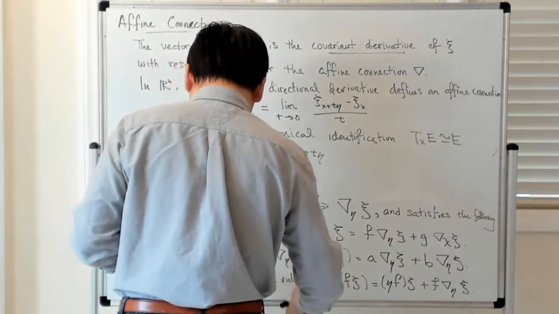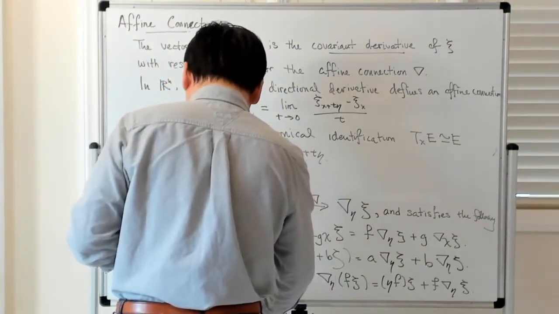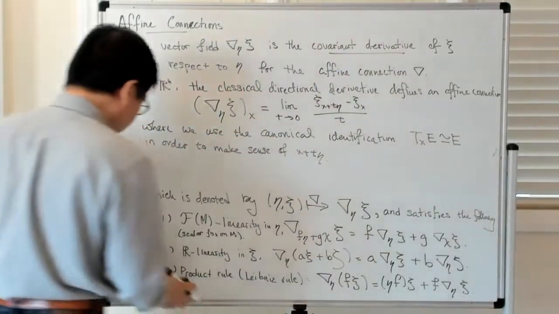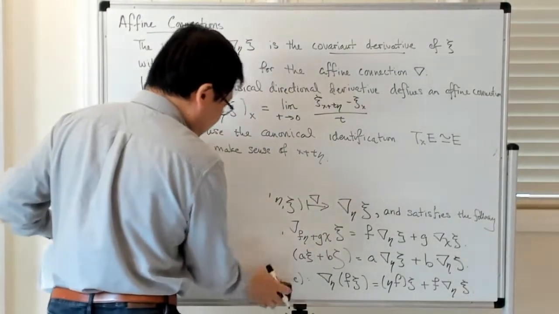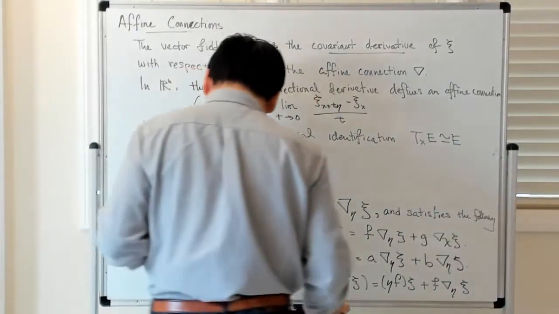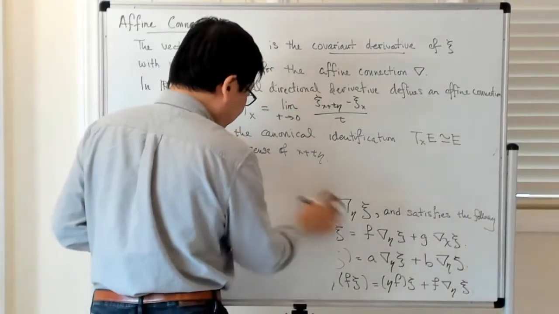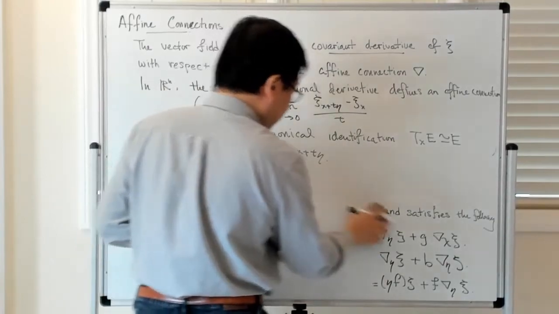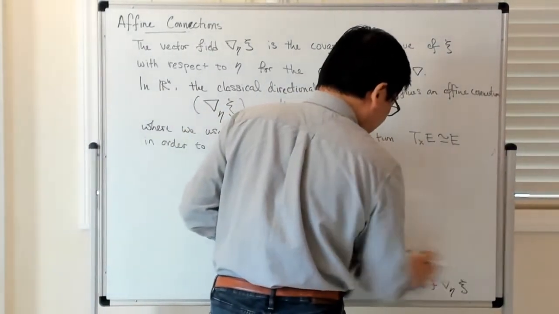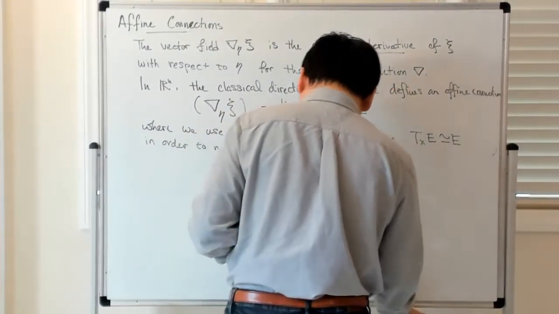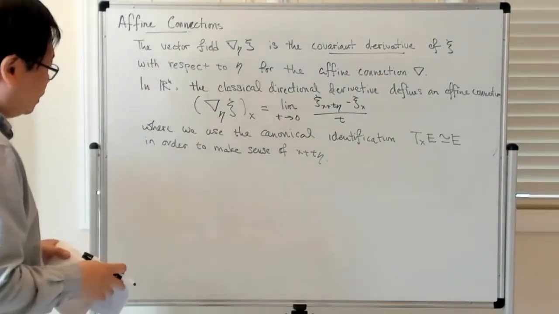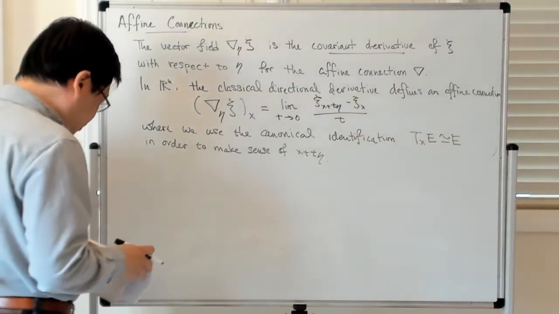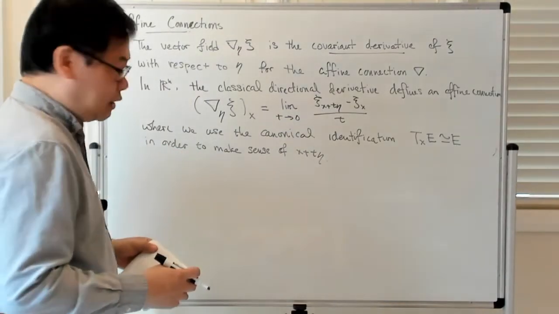Okay, so let's look at the following proposition. The proposition basically says that every manifold, where I'm assuming that a manifold is one which is second countable and Hausdorff, which is the classical notion of manifold, admits an affine connection.